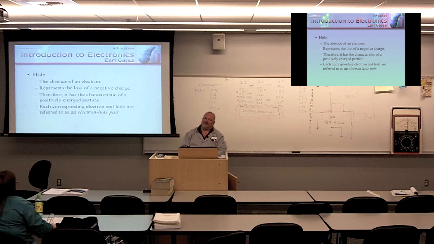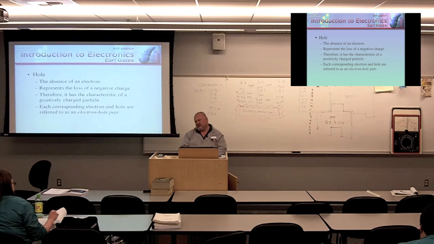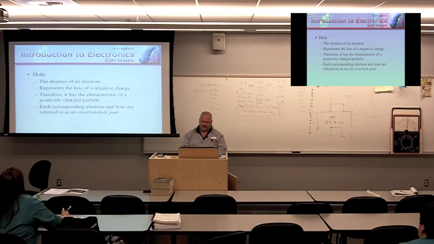If we knock an electron off the valence shell, that means we're left with a positive ion. Positive ion means there's an absence of an electron. The absence of an electron here in our discussion will be signified as a hole. So it represents the loss of a negative charge. Therefore, it has the characteristic of a positively charged particle.